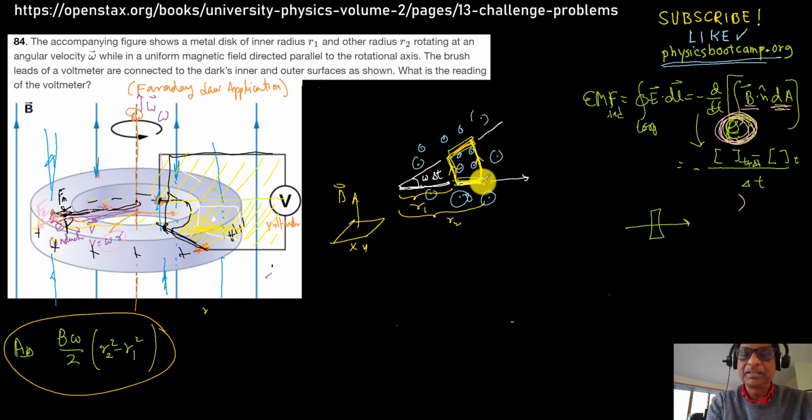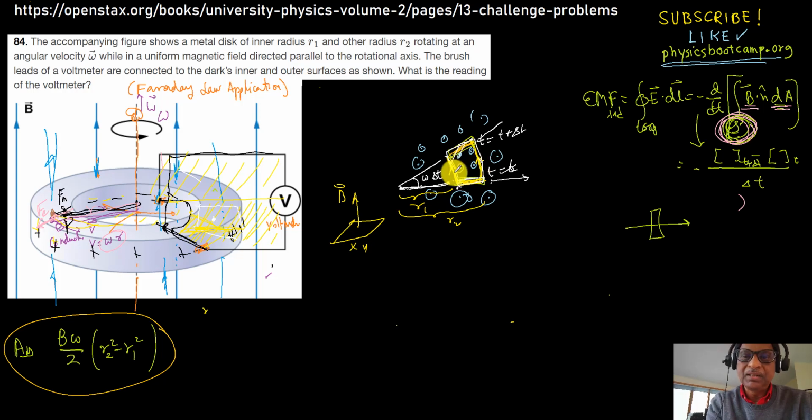The loop will be like this, coming back to 0 at t equals 0. But at t equals t plus delta t, it is somewhere here. Now the second arm of this loop is out here.